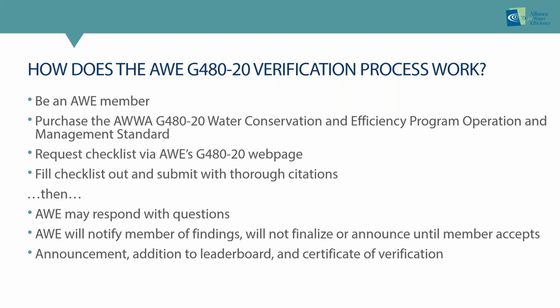For example, for the AWWA G480-13 verification, AWWA offered a member a gold level on the leaderboard. However, the utility chose to wait until they could make a change that ultimately resulted in them being listed as platinum. And we feel that this is a great example of how the G480 standard and the AWWA leaderboard can really help to make a big impact in the field itself.